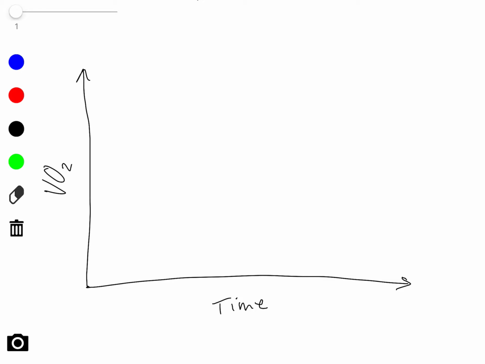Okay, so at the beginning of exercise, before we are doing anything, our oxygen consumption is obviously relatively steady and quite low compared to if we were exercising. So we would start at our resting oxygen consumption.